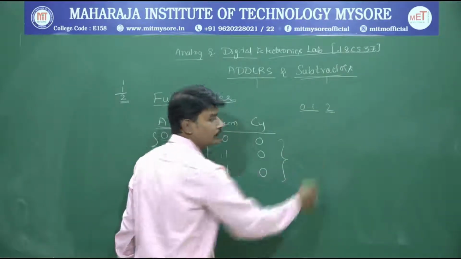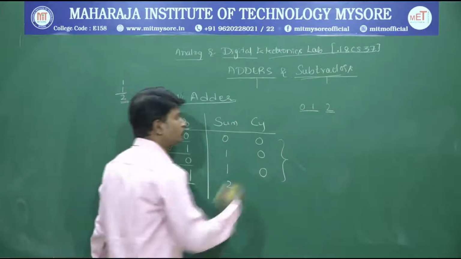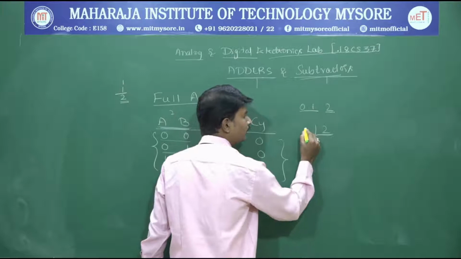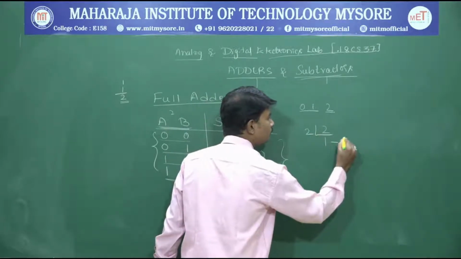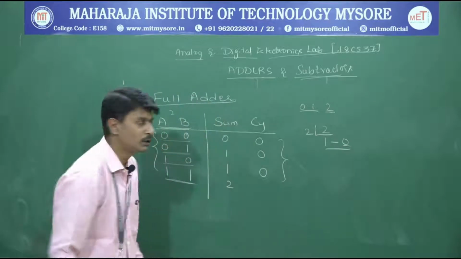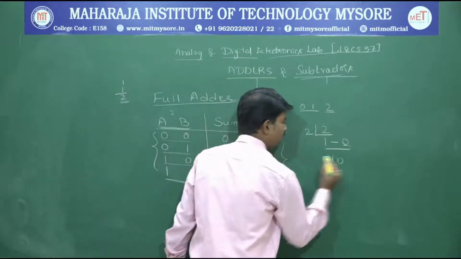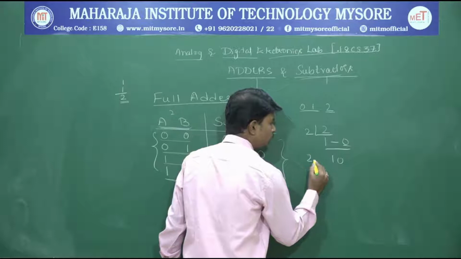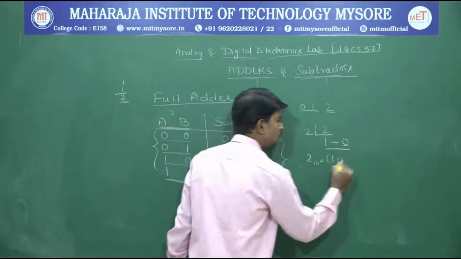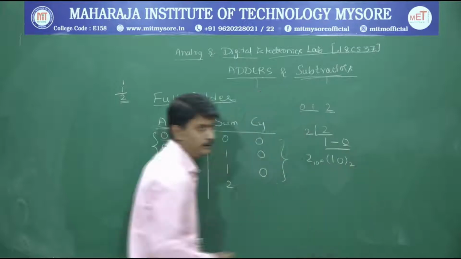It has to be converted into binary format. When you convert 2 into binary, you end up with 1 0: 2 ones are 2 and the remainder is 0. So 2 in the decimal number system is 1 0 in the binary number system.